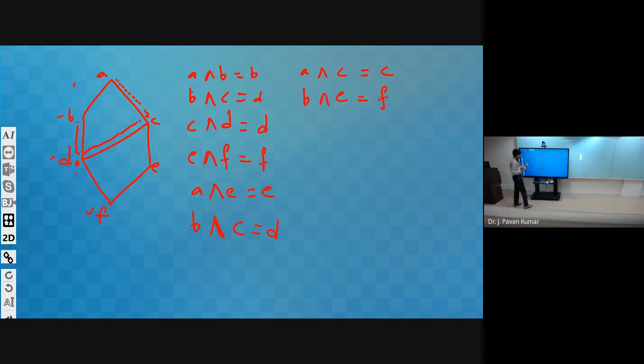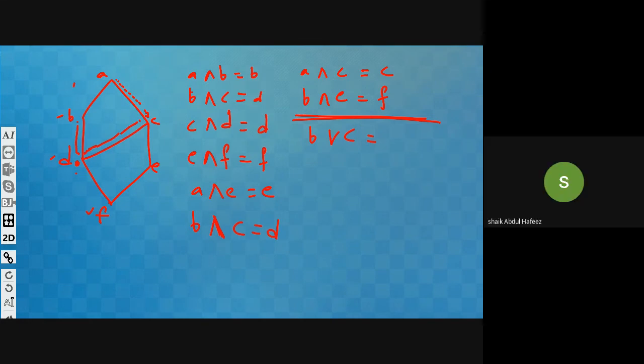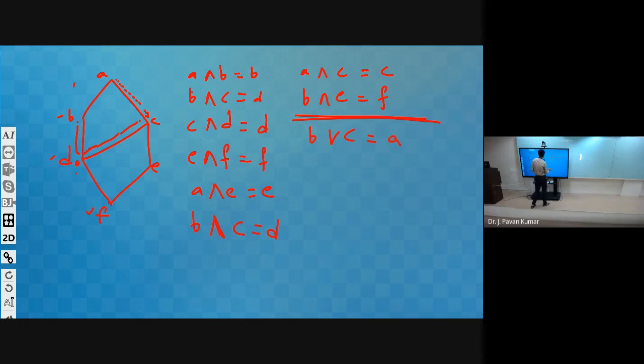So is it easy or not, finding meet? By seeing the Hasse diagram, we can say. Similar to that, let us consider join now. B join C will be A. Instead of going down, we will go up. That's it.